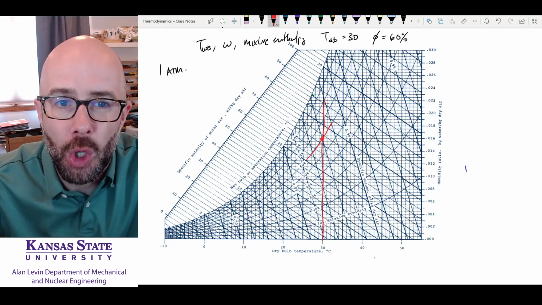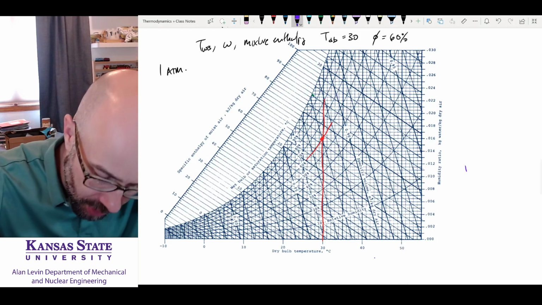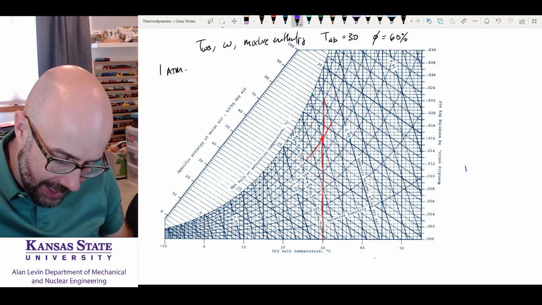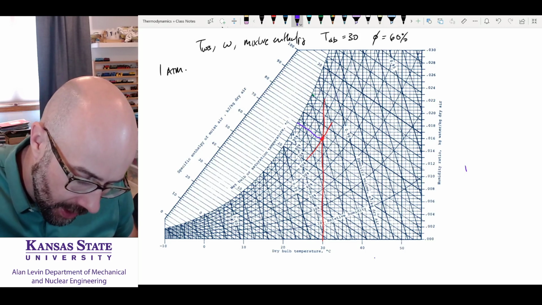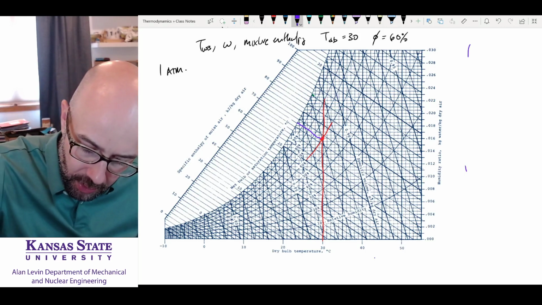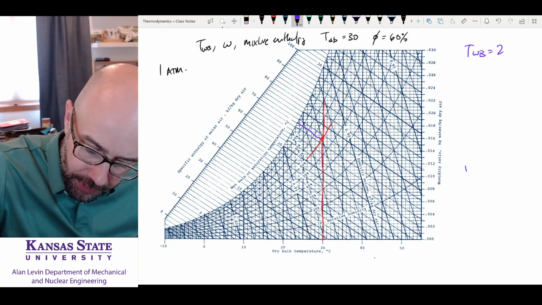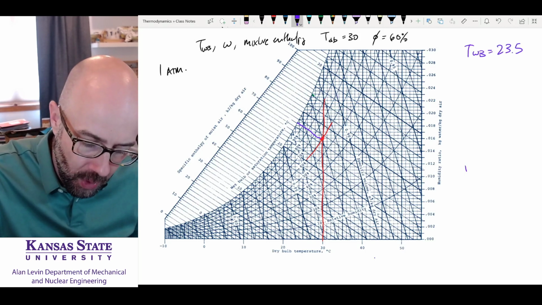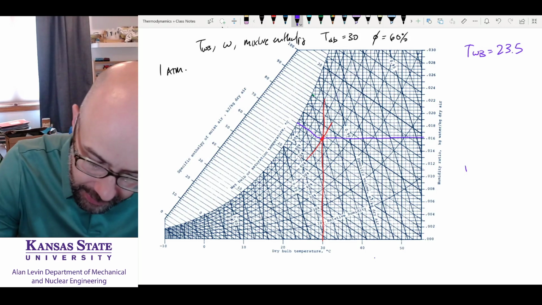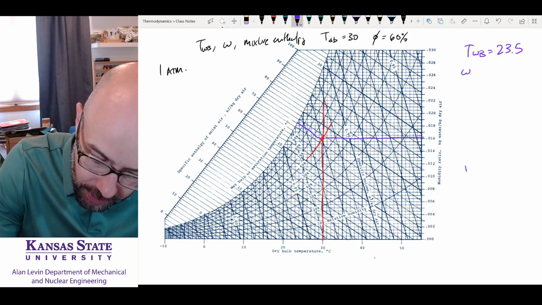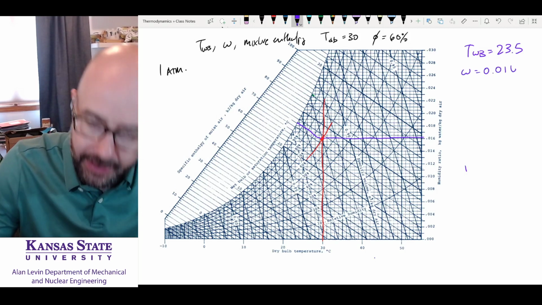What is our wet bulb temperature? The wet bulb temperature goes up at a diagonal: 21, 22, 23, 23 and a half. So the wet bulb temperature is 23.5. What is our humidity ratio? We go over here: the humidity ratio is equal to 0.016.